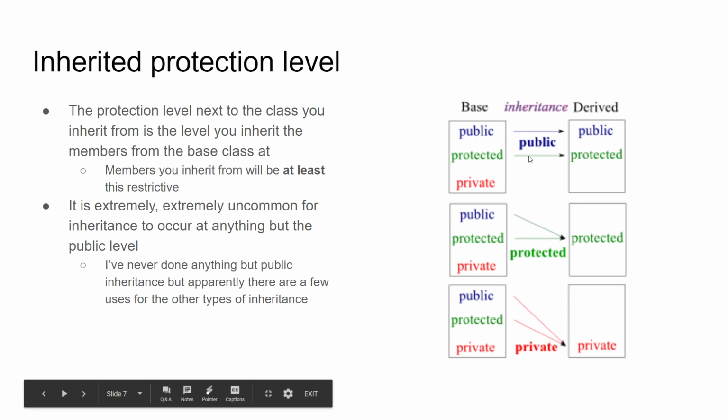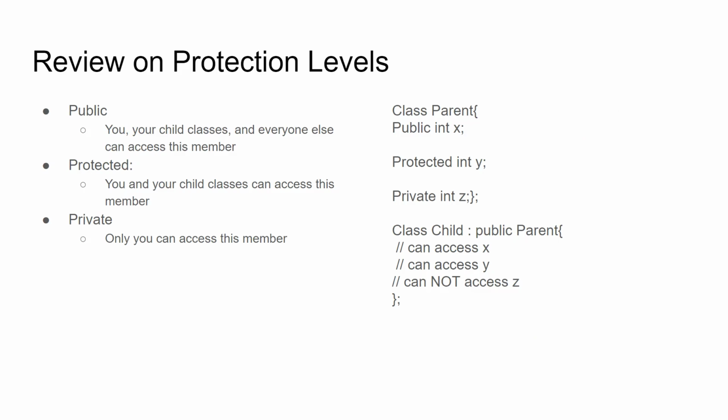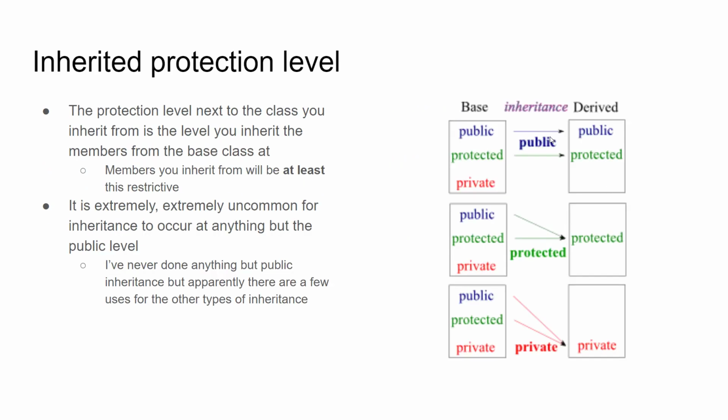Yes, you would inherit protected at the protected level. So basically, when you inherit back here, you're upgrading the protection levels to be at least this strict inside yourself. And public is the most relaxed, protected a little bit more strict, and private is the most strict. So when I'm inheriting at the public level, I'm basically saying don't change any of the protection levels, because public is the weakest, so everything has to be at least public. So what was public remains public.